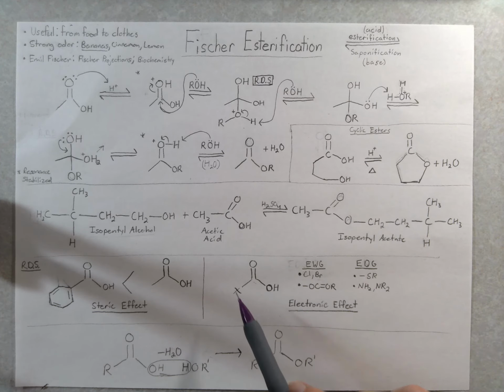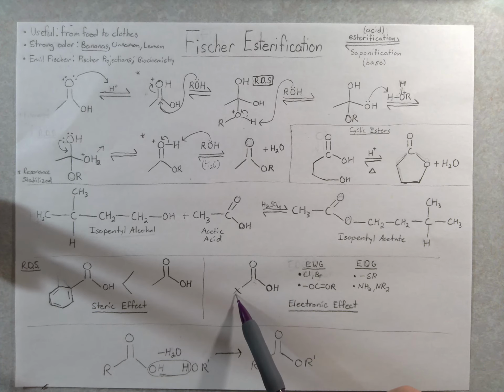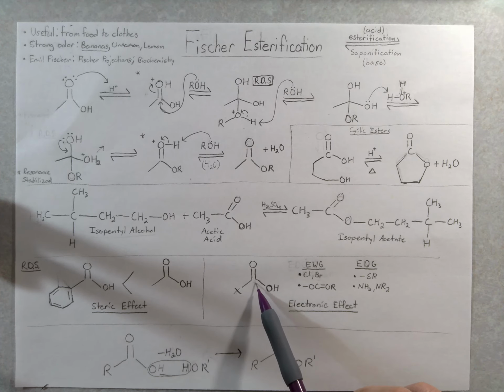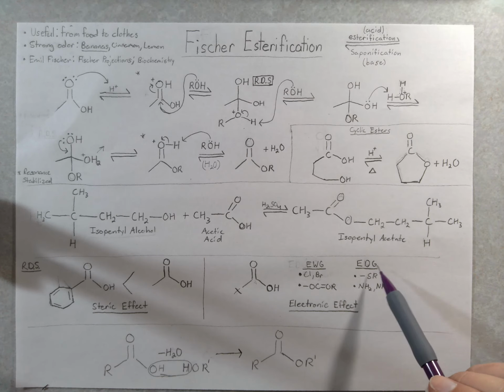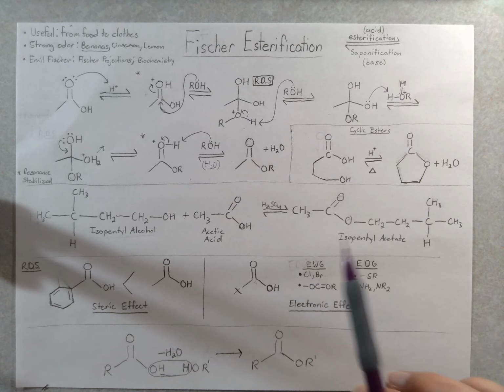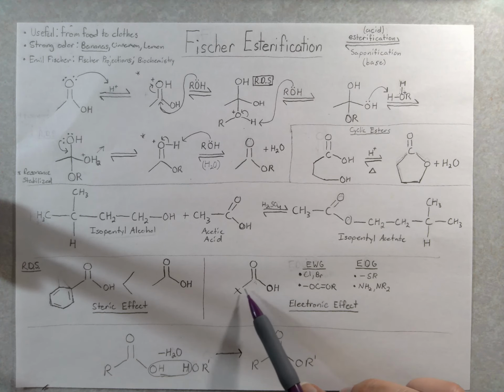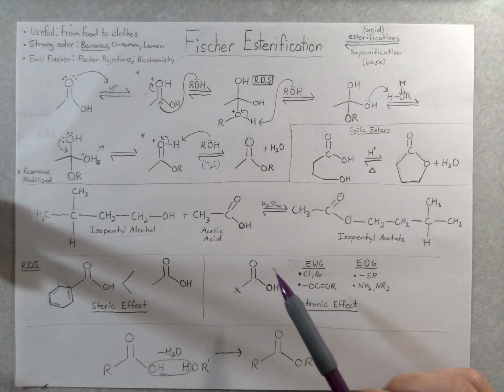So electron withdrawing groups, such as chlorine or bromine, will pull electron density off of this carbon, making it more prone to a nucleophilic attack. Whereas if we had an electron donating substituent, this reaction would proceed overall much slower because it's donating some electron density. So it's not quite as prone to the nucleophilic attack.